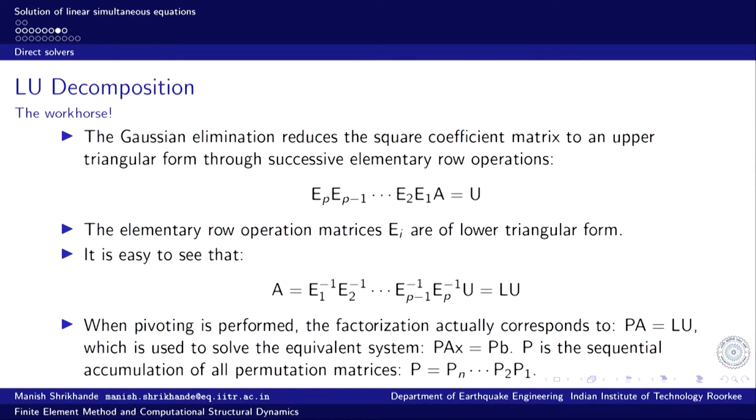When pivoting is performed, this factorization actually gets affected, because it will not be related to A after pivoting, but rather to the permuted form of matrix A, PA.